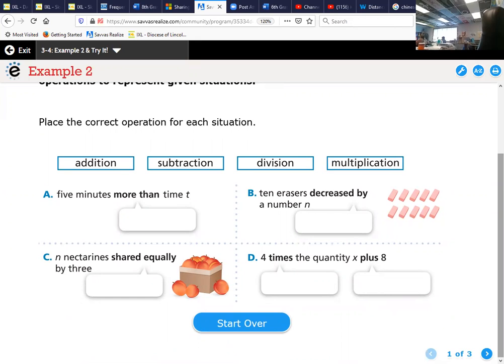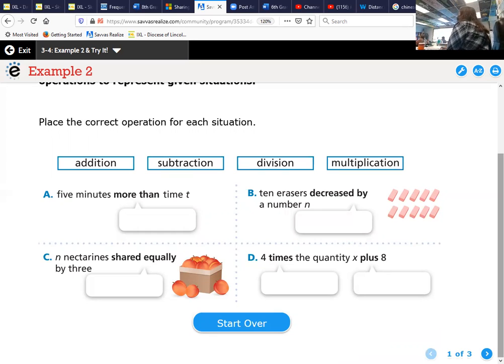One's going to be an addition, one's a subtraction, one's multiplication, one's division. They have some words bolded in each of these, like more than, decreased by, shared equally, times, plus. Let's read the whole thing and think about the words that are bolded.